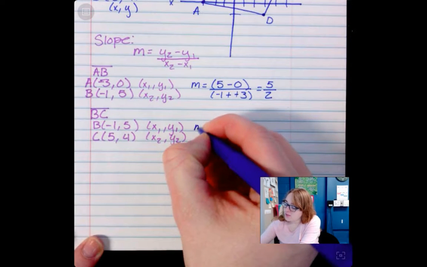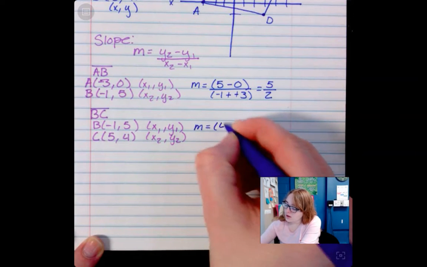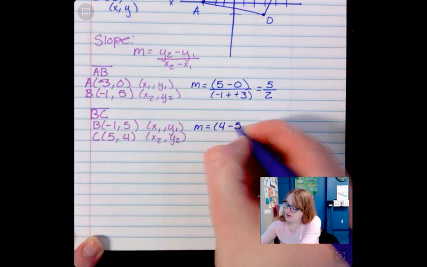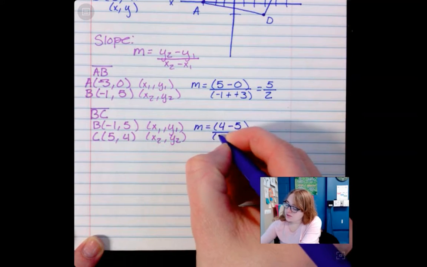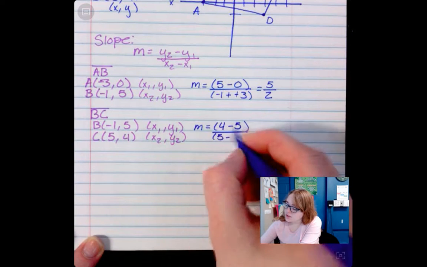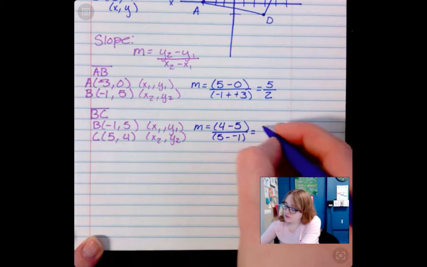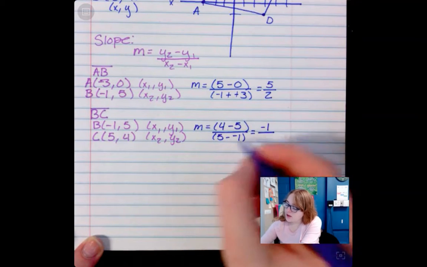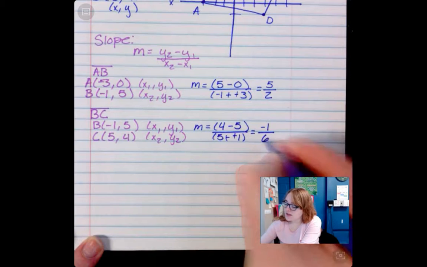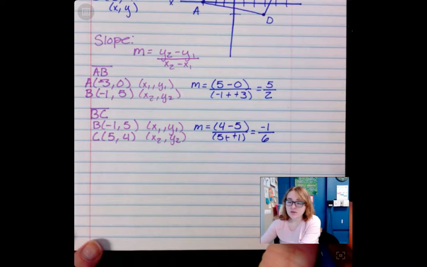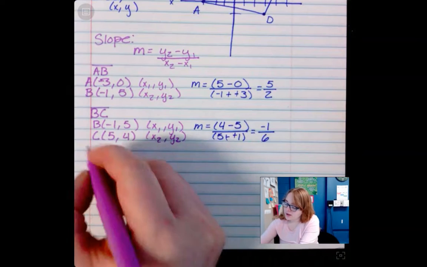So once again, m for slope is equal to our y2, which is 4, minus our y1, which is 5, over our x2, which is 5, minus our x1, which is -1. 4 minus 5 is going to give us -1. And 5 minus a -1, or plus 1, gives us 6. Again, this is a fraction we can't reduce, so we're just going to leave it the way it is. Moving on to CD.